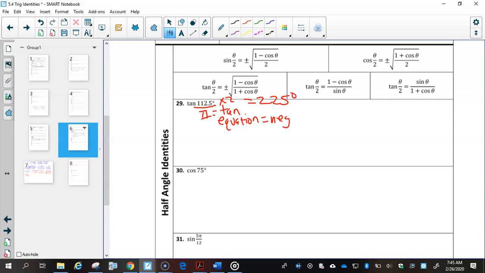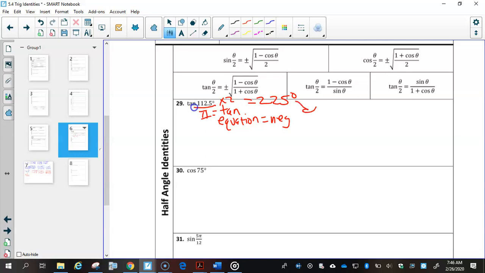Now remember your tangent half angle formulas, depending on which one you're using. You either need cosine or you need sine and cosine. For this one, we want 2 different ways so you see what happens.